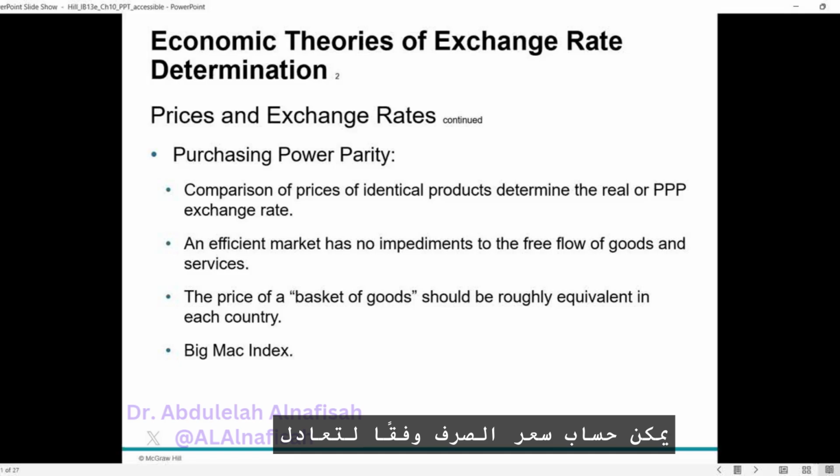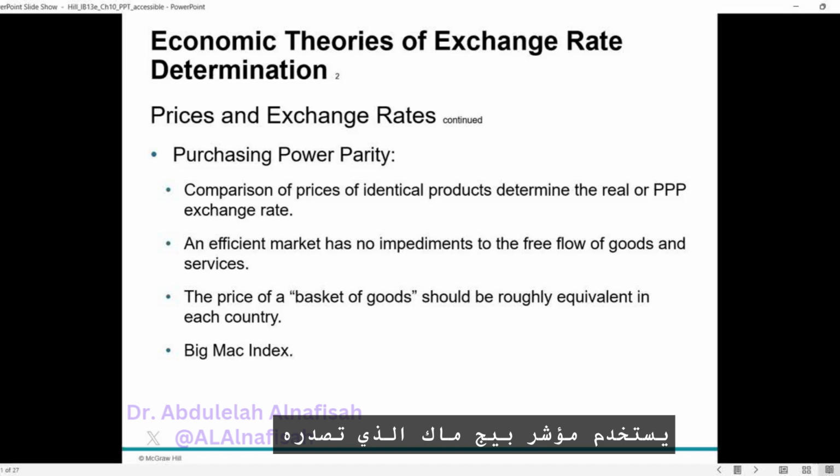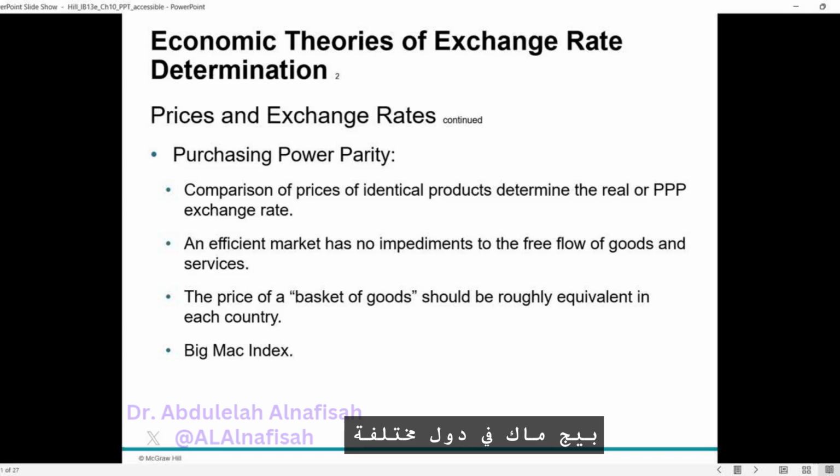The PPP exchange rate can be calculated by comparing the prices of identical goods in different currencies. The Big Mac Index, used by The Economist, exemplifies this concept by comparing the price of a Big Mac burger in various countries to assess currency valuations.